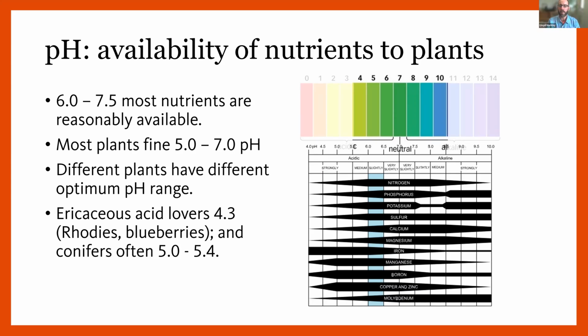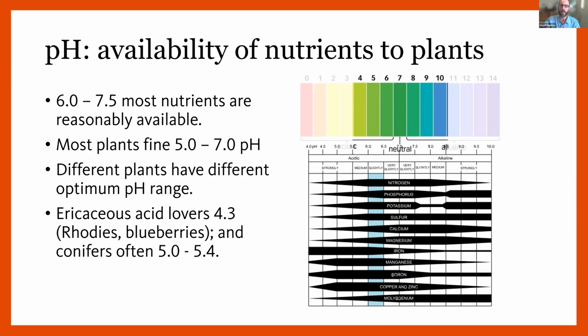And so people might be familiar with pH and this chart with the wiggly geometric shapes down there. What that chart is showing is when those essential plant elements are most available. So the widest point would suggest they're most available.